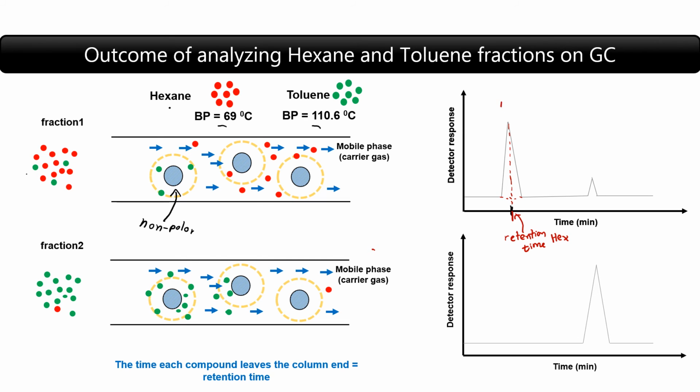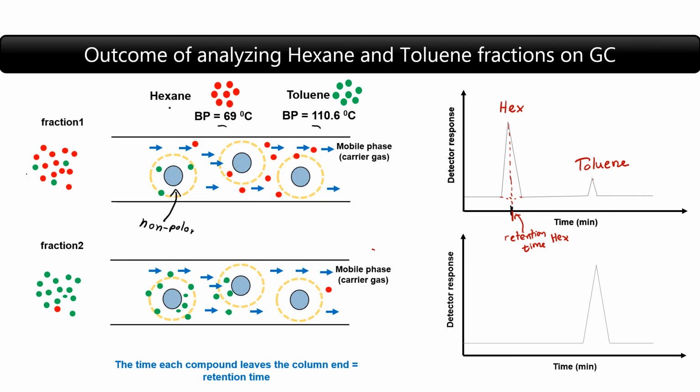So this is the peak for hexane, and then after a while we get the peak for toluene because it's slowed down in the column because it has a higher boiling point.